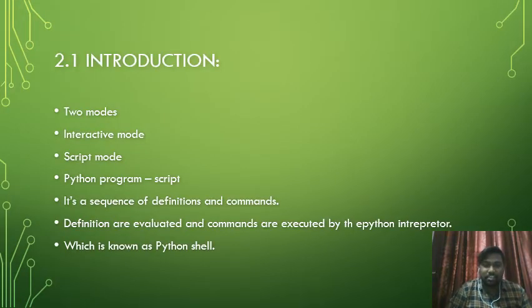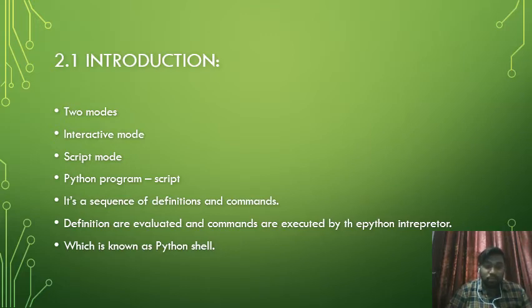Before going into this chapter, first we have to recollect what we studied in the first chapter. I already explained that Python code is implemented on the platform of the Python shell. The Python shell has two modes: one is script mode, and the other is interactive mode.